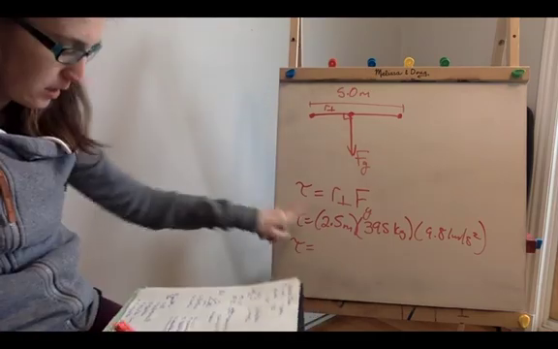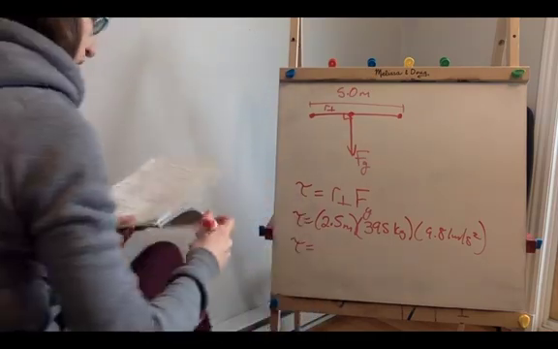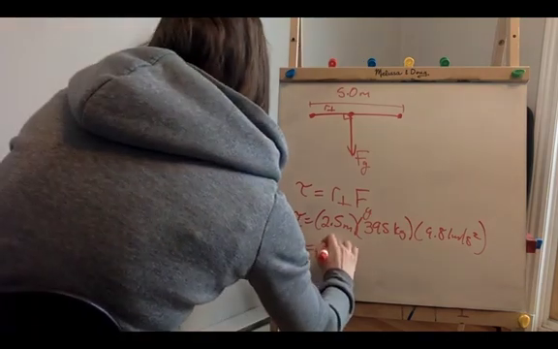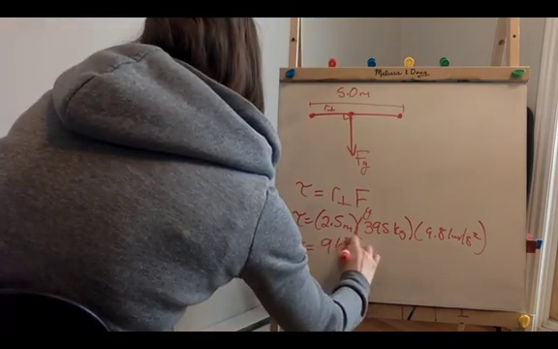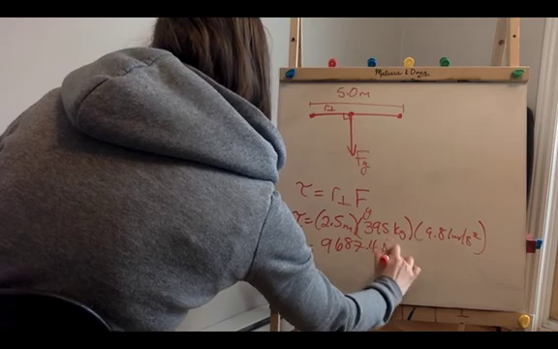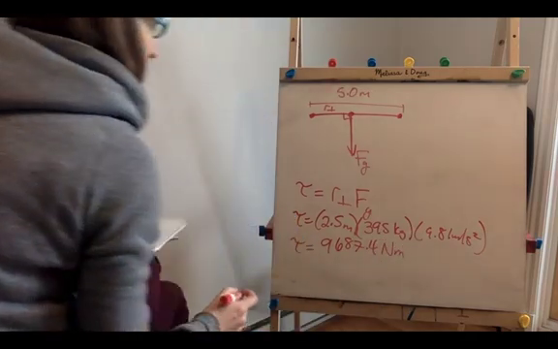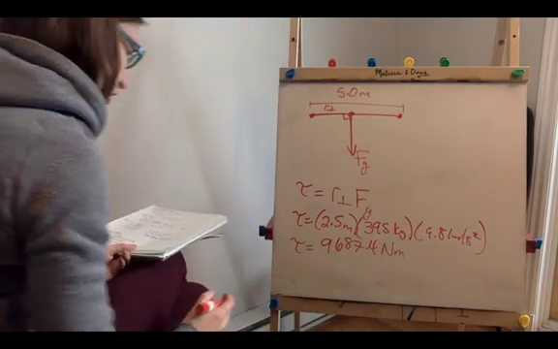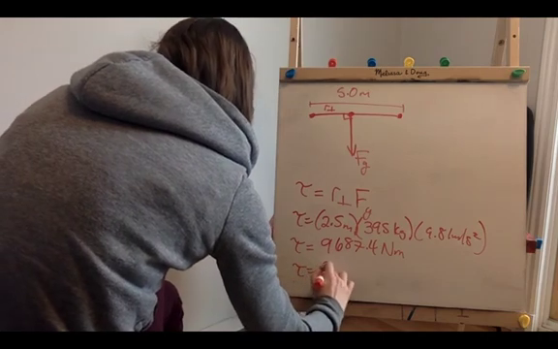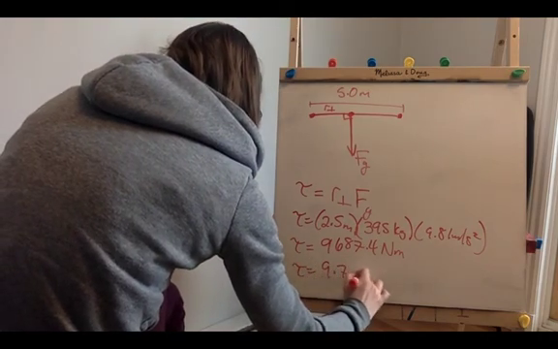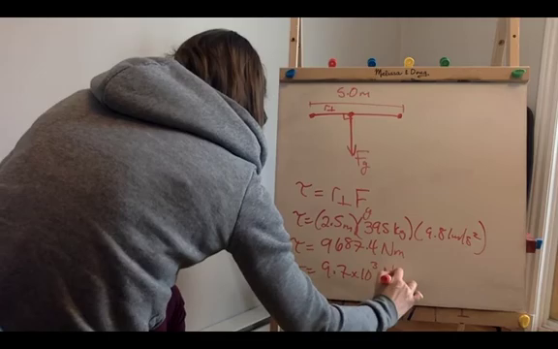Okay, and then multiply all that through. You get a value of 9,687.4 Newton meters. Again, we only get 2 sig figs, so we're going to call that 9.7 times 10 cubed Newton meters.